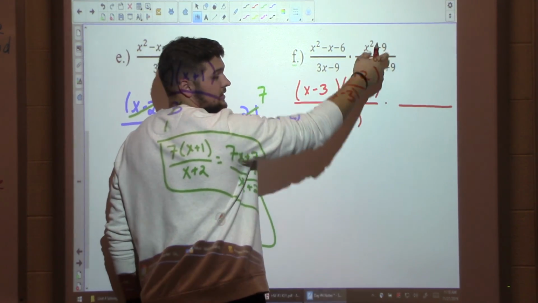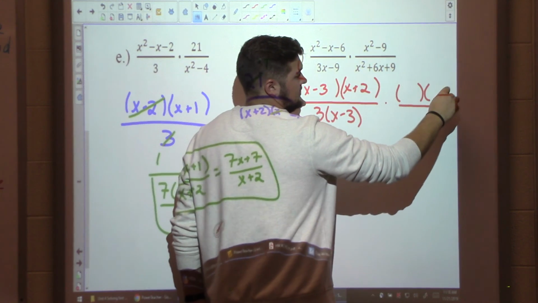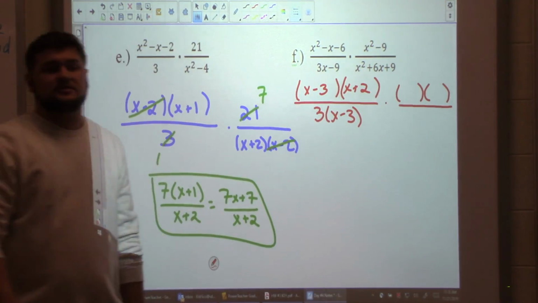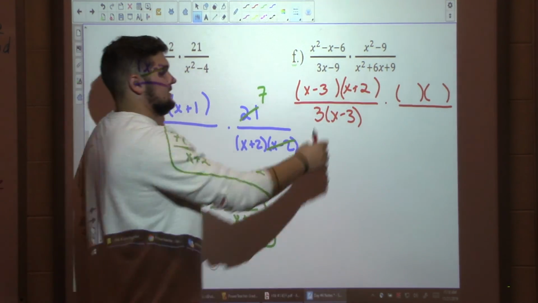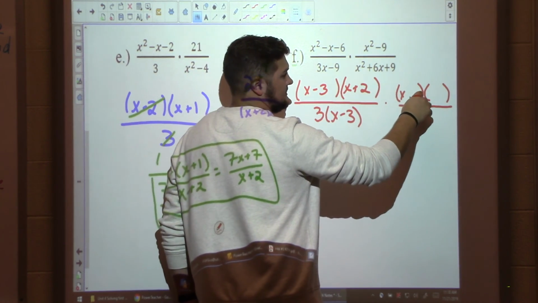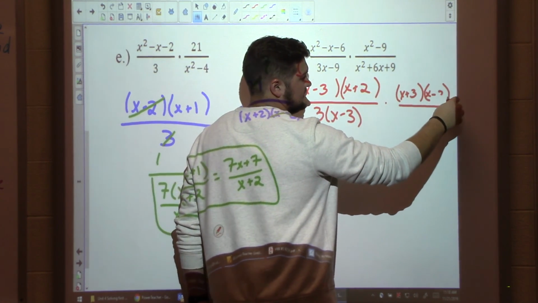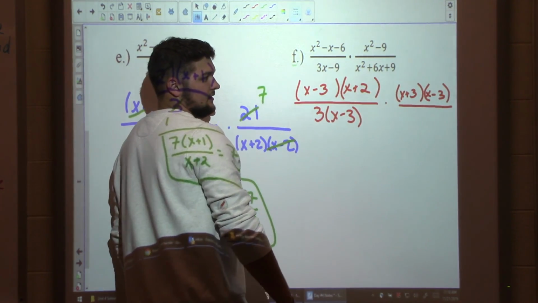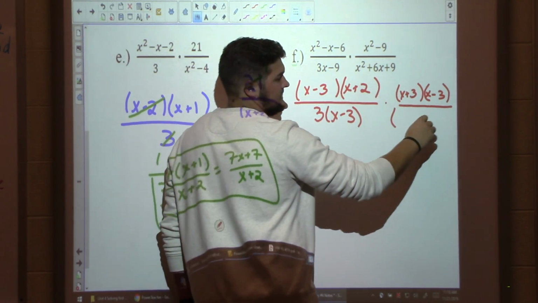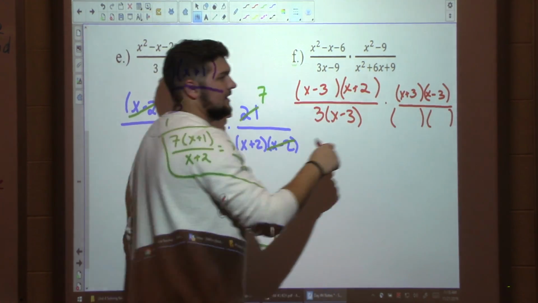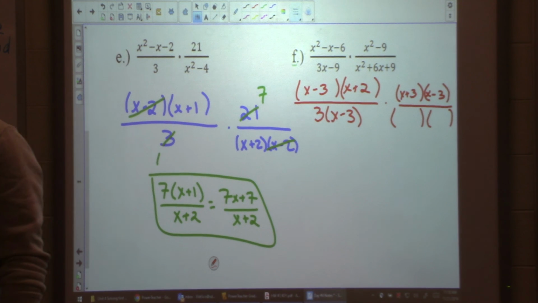The numerator over here. That special name again. Difference of perfect squares. Right, so I can get the square root of both. I get x plus 3, x minus 3. And then lastly, I need things that multiply to 9 and add to 6.